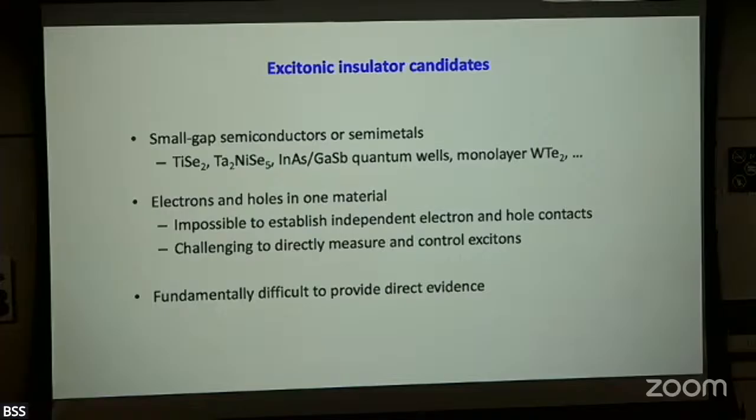But in all those materials, electrons and holes reside in the same material. So it's impossible to establish independent electron contacts or hole contacts. It's very challenging to directly measure or control those excitons.